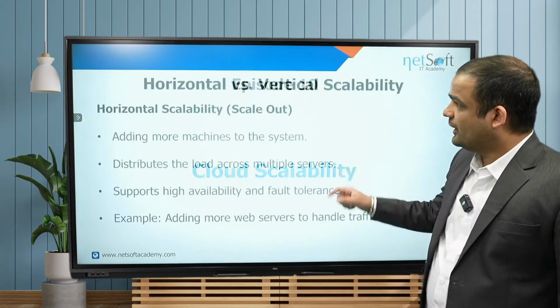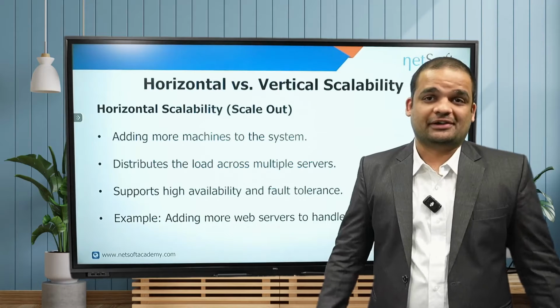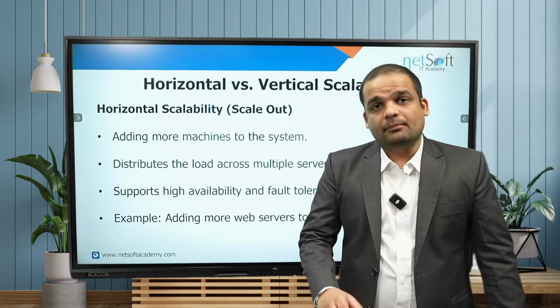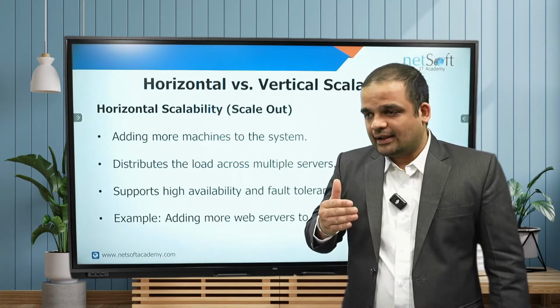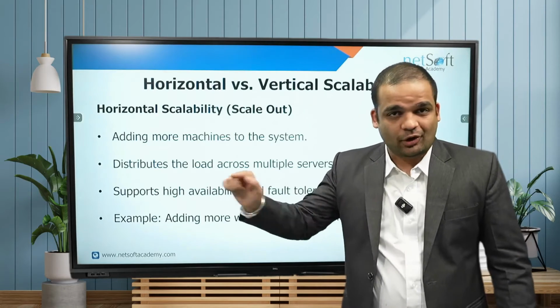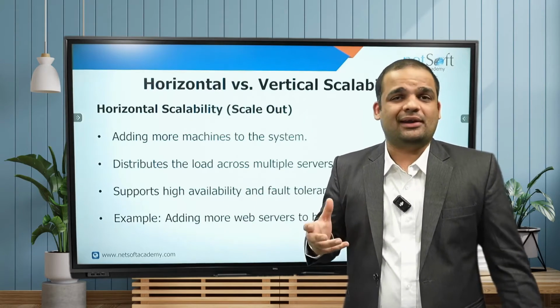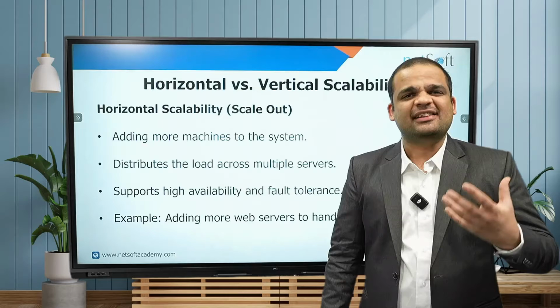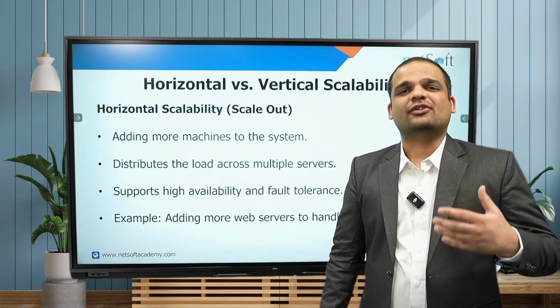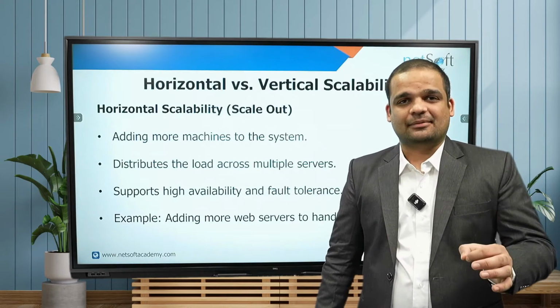So let's start with horizontal versus vertical scaling. Horizontal scalability means scale out, scale in. What is it? Horizontal scaling, or scaling out or scaling in, involves adding more machines, elements, entities, instances, or resources to the system.